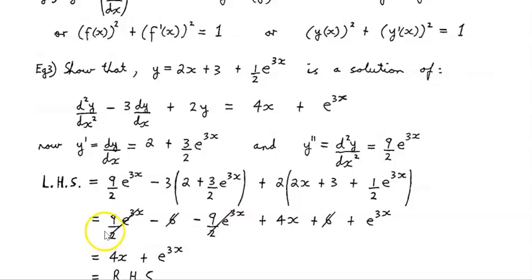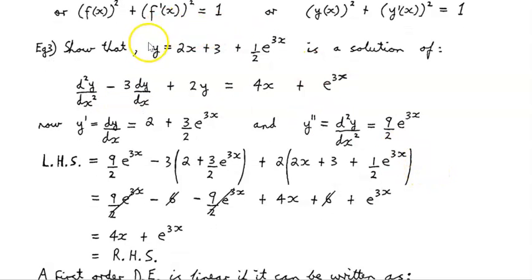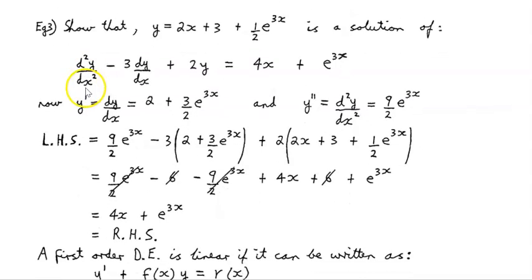When we do that, we see that a minus 6 cancels with a plus 6 here. We're left with just 4x plus e to the 3x, which is exactly what the right-hand side was for the original problem. So this proposed solution is in fact an actual solution for this second order differential equation. Second order because the highest derivative is the second derivative.